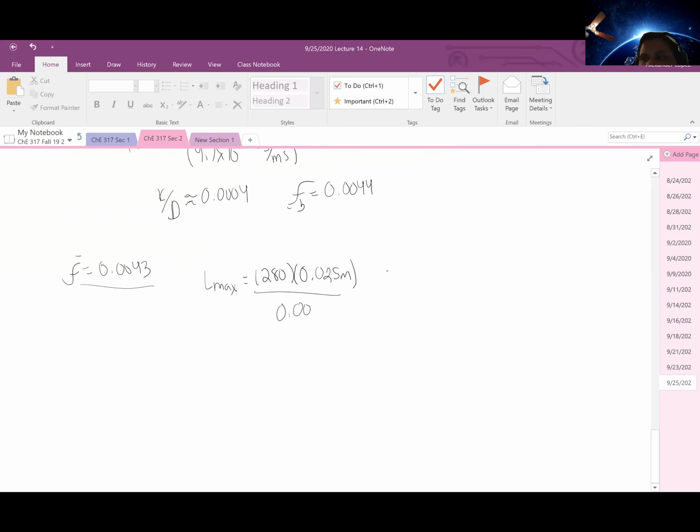That gives 1,628 meters. So not a huge difference, but it is a slight adjustment when looking at the average friction factor. The effect will be more pronounced when you have more drastic temperature changes.